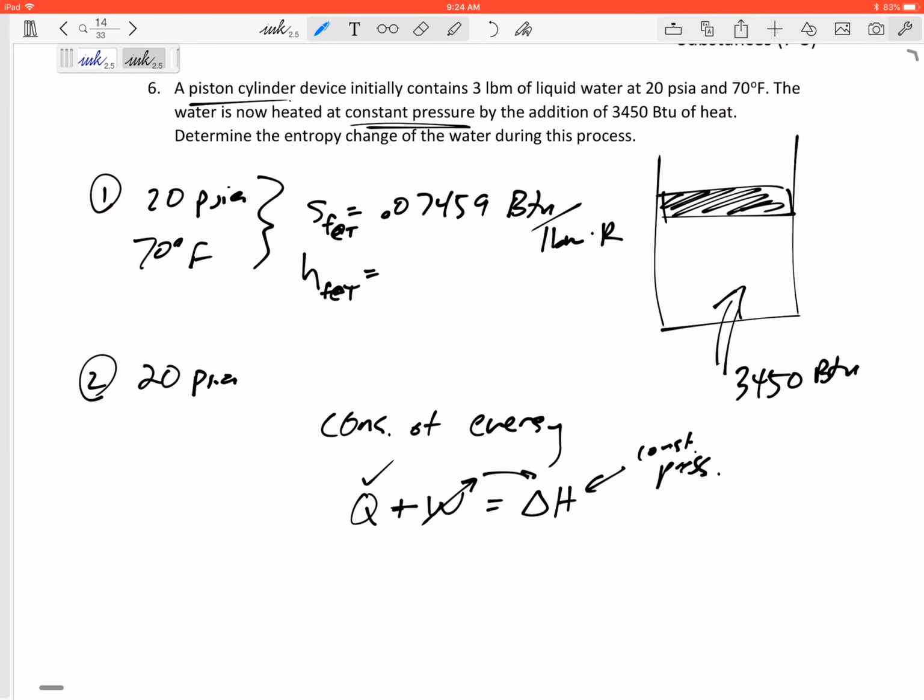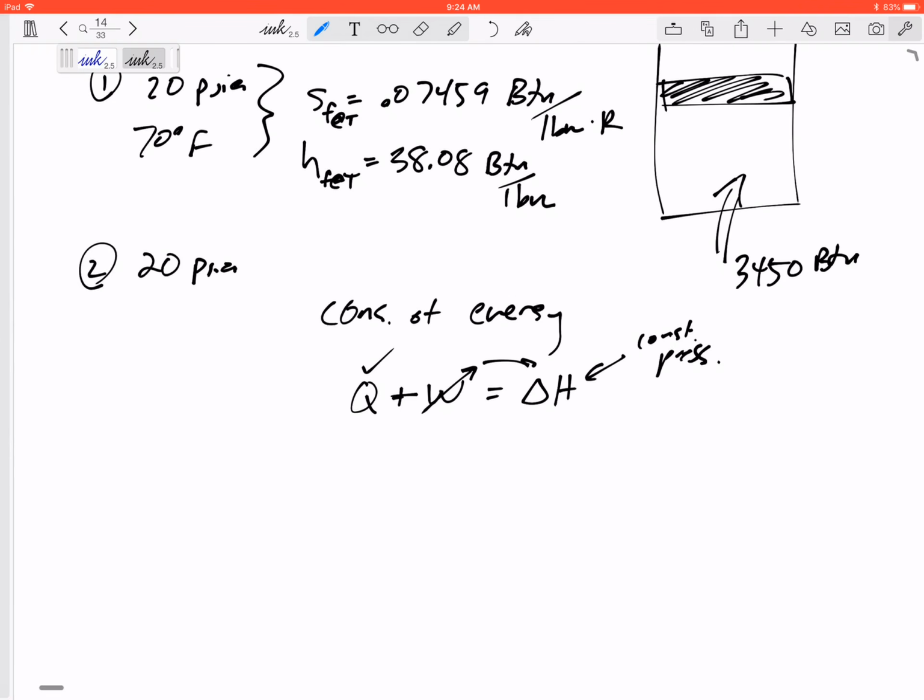Assuming it's a compressed liquid, we can take the value for the saturated liquid at 70 degrees Fahrenheit. This is 38.08 BTUs per pound mass. All right, so I've got this equation: Q equals delta H. Delta H is m times little h2 minus little h1, and I have all of these values except for h2, which I can solve for.